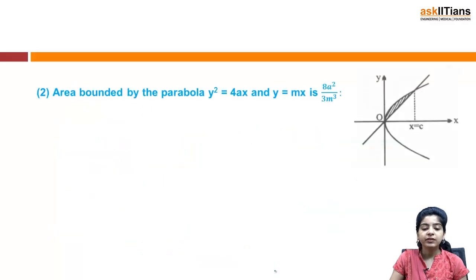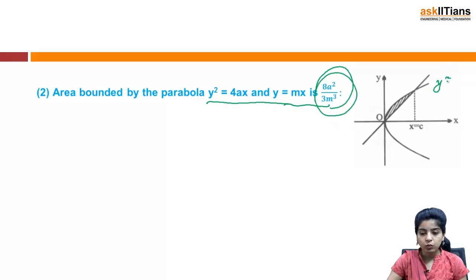Next, the area bounded by the parabola y square equal to 4ax and the line y equal to mx is 8a square by 3m cube. Now see, this is y square equal to 4ax and this is a line y equal to mx, right?